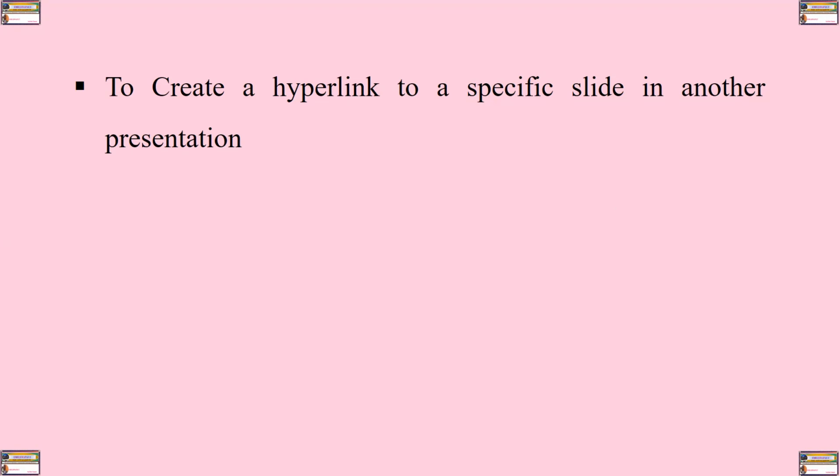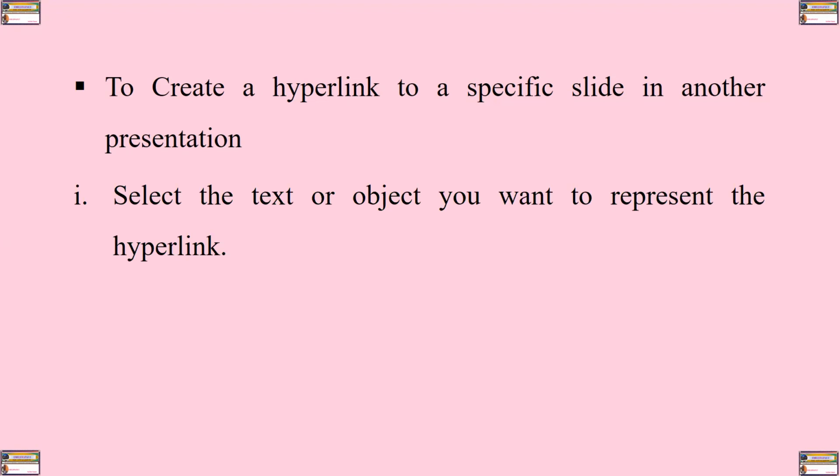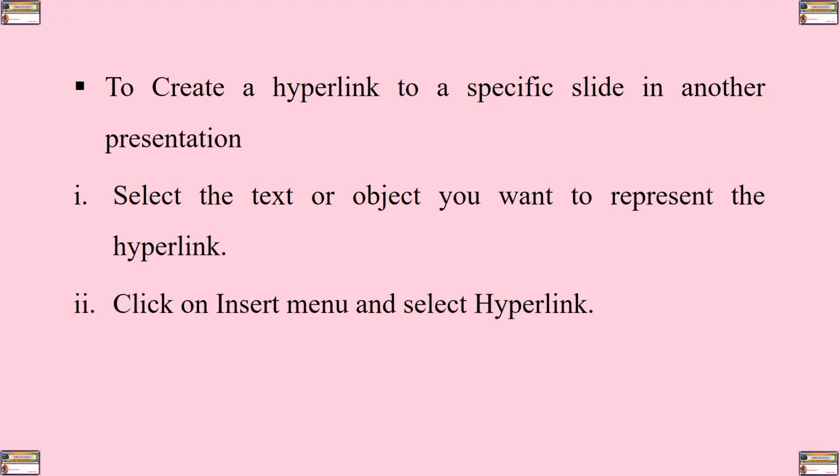We can also create a hyperlink to a specific slide in another presentation. How do we do it? To create a hyperlink to a specific slide in another presentation, we select the text or object we want to represent the hyperlink.